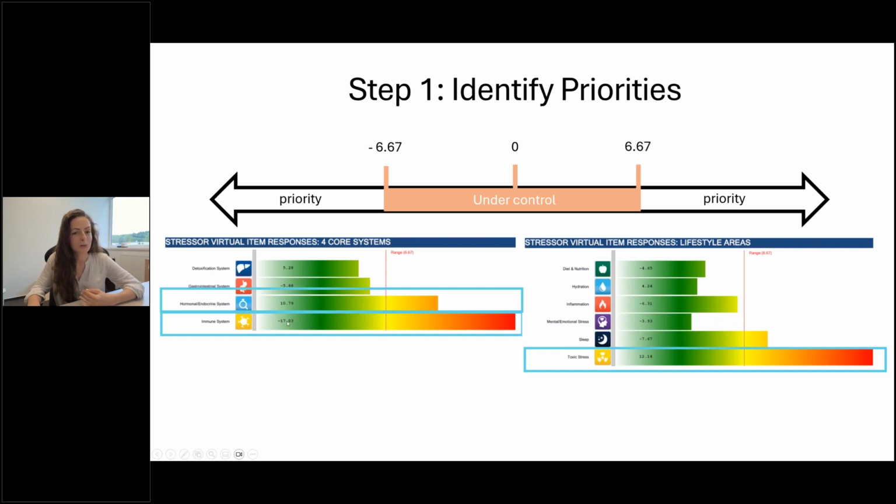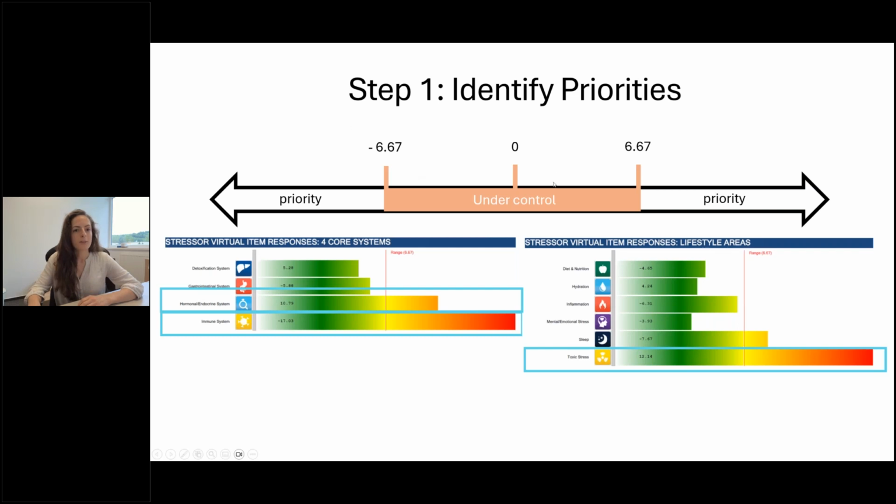There is actually a value, little numbers here that you can see. This one, the first one, is minus 17.03. The second one, the toxic stress, is 12.14. And the third one is 10.79. So these values will tell you the higher it is, the more of a priority that is for you, right?